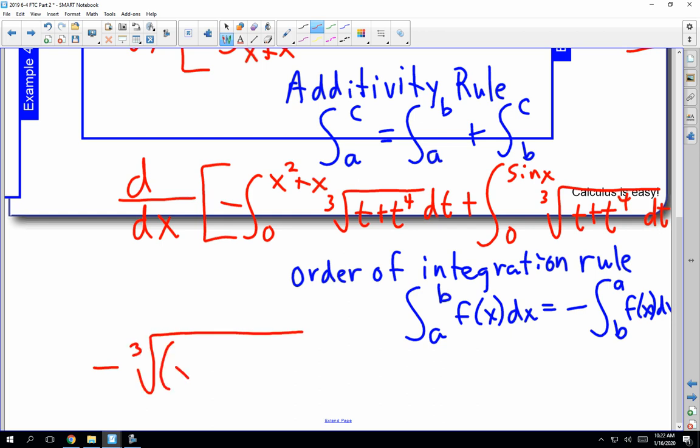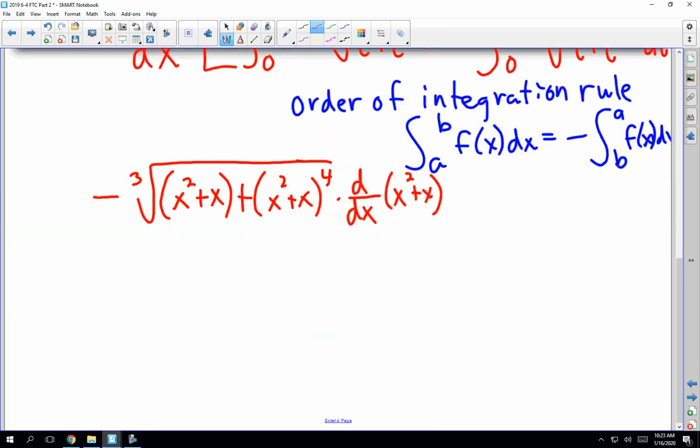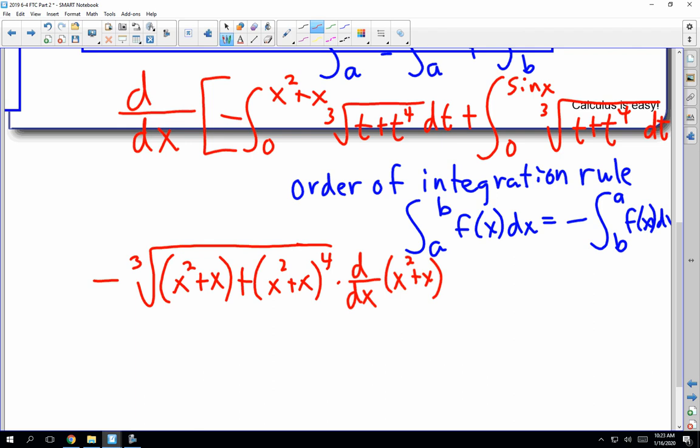So we've got x squared plus x that goes in for the t, plus x squared plus x to the fourth, times d dx. I'm going to show my work here: d dx of x squared plus x. If you want to skip this step, if you're following, that's fine. And then plus, I've got the same thing again, but I'm going to put in sine of x.